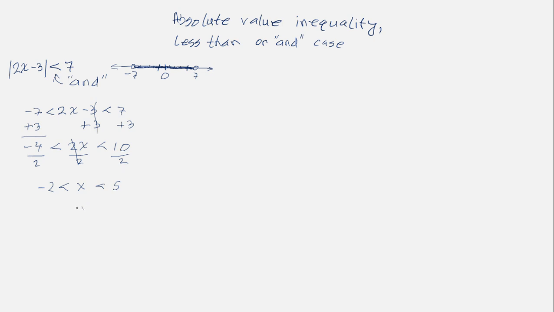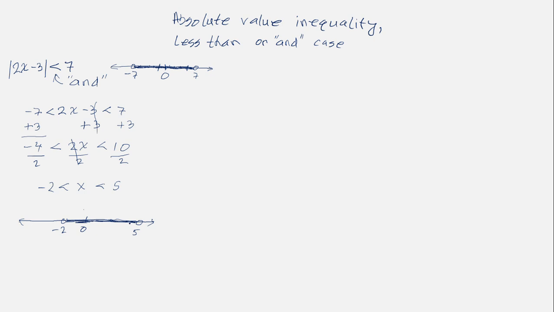So, for our statement up here to be true, our x's have to be between negative 2 and positive 5. So now if we put that on a number line, 0, any x that's between negative 2, which is, let's say, right here, and positive 5, will be the solution to our problem.